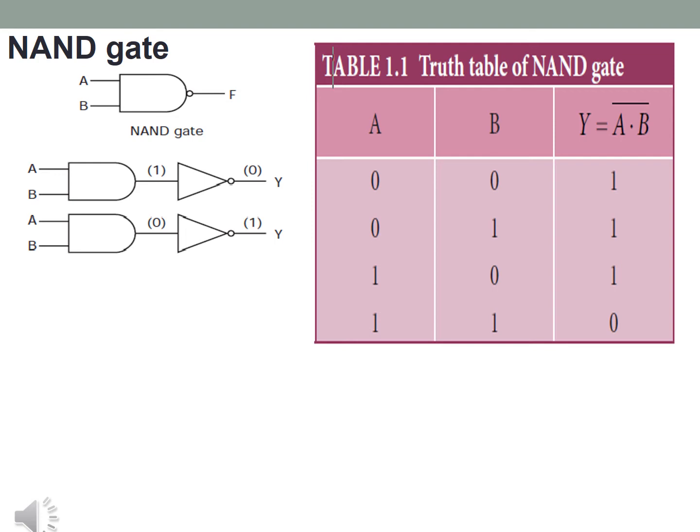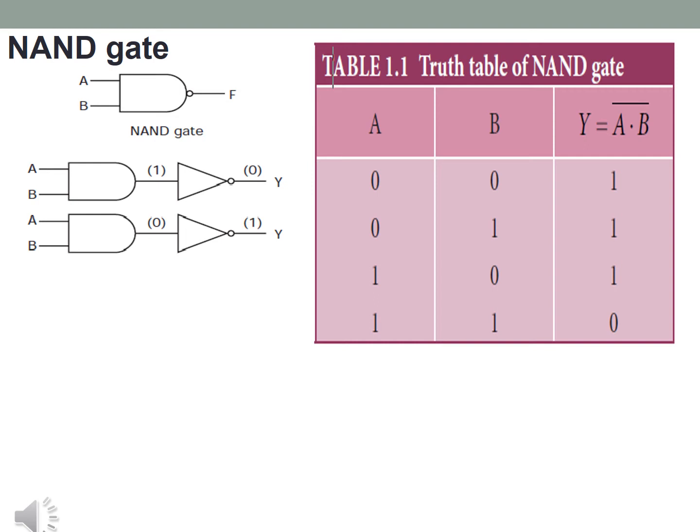For example, with inputs A and B, the AND gate output is A into B. Passing it through the NOT gate, you get the complement, Y bar, as the output. So Y equals A into B, the whole bar.